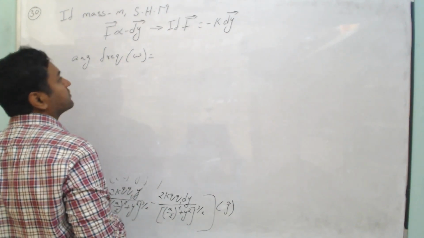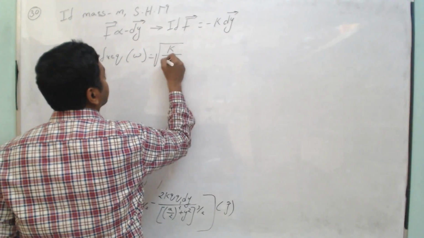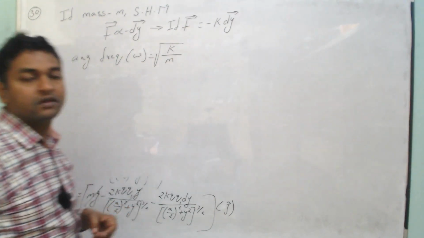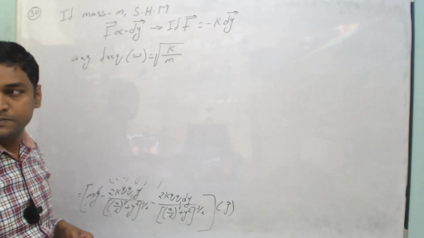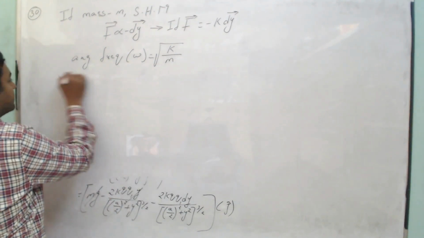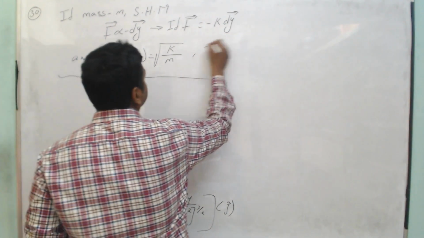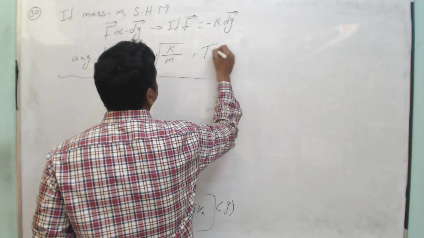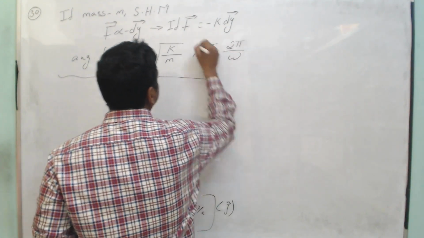So angular frequency omega, you can write it as under root k. Correct? Is this clear? So keeping this in mind, the final thing, the time period, if that fellow will ask, you will just do 2 pi by omega. Correct?